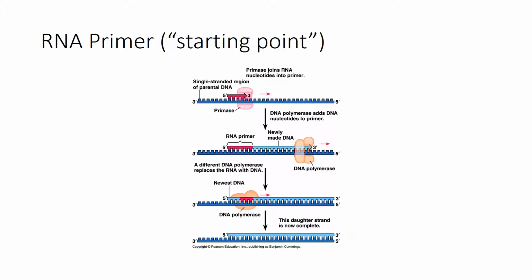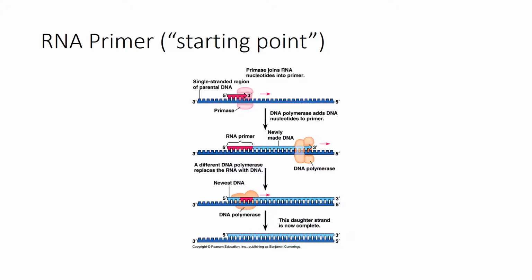Alright, so a couple of different things. DNA has another peculiarity, and that is that the enzyme DNA polymerase cannot attach itself to naked DNA. Okay, not sure exactly what the evolutionary baggage is there, but it can't.